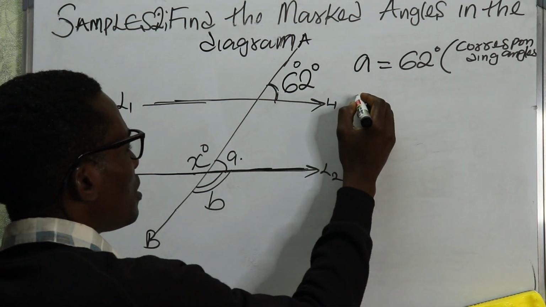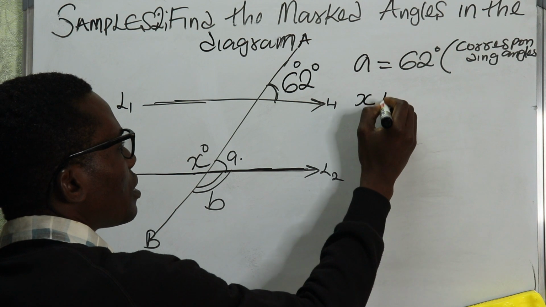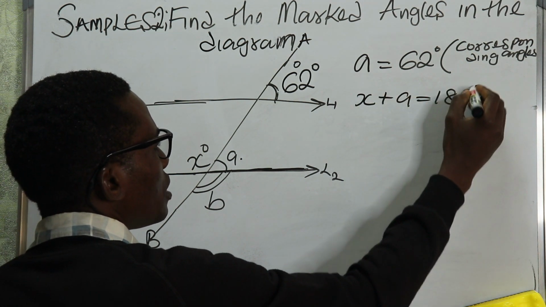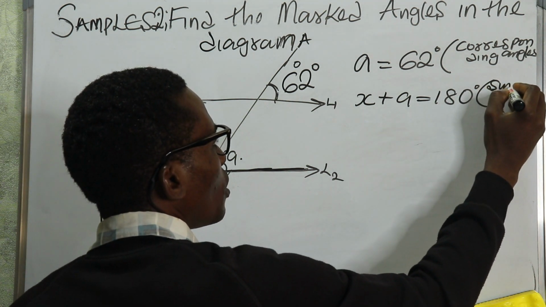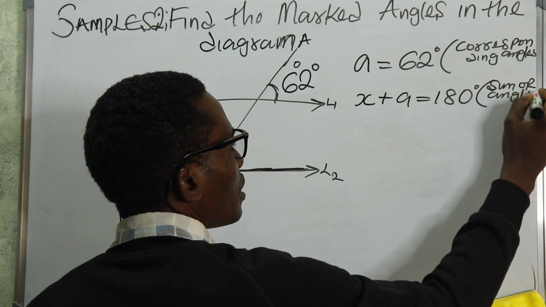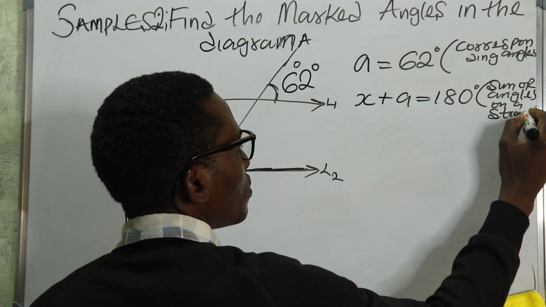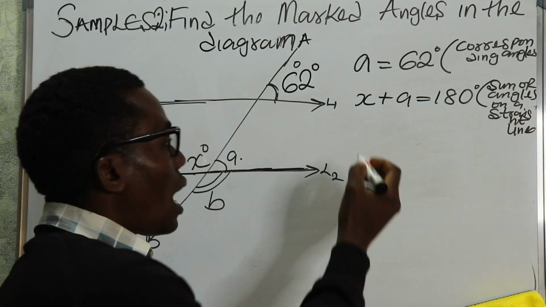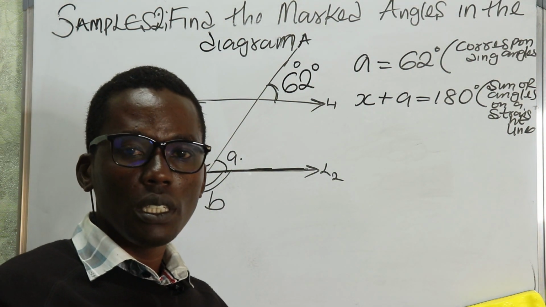So we can simply say that angle x plus angle A is equal to what? 180 degrees. What is the reason? That is the sum of angles on a straight line. Angles on a straight line sum up to give 180 degrees.